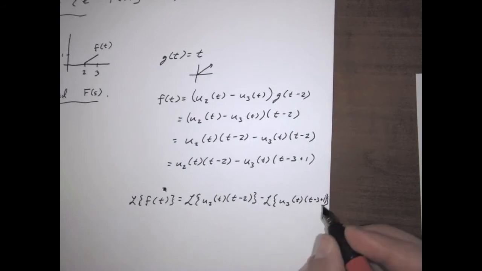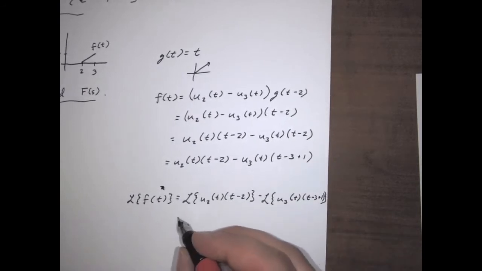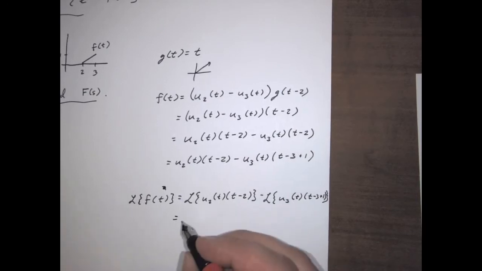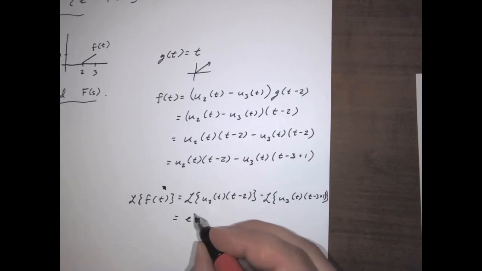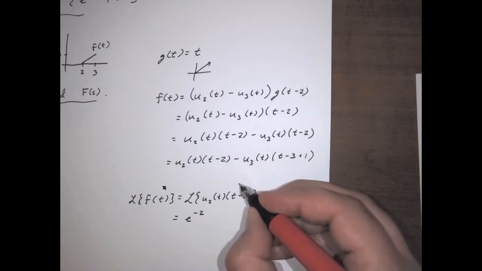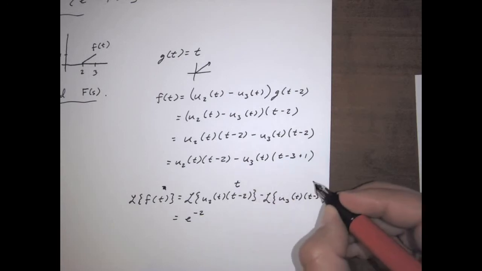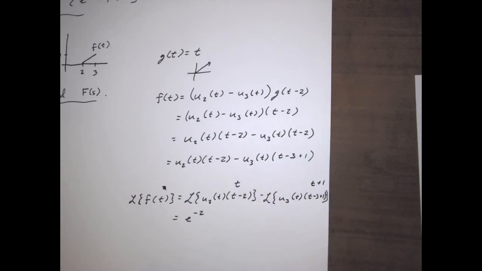You should never see a naked t, you should only see a t minus 3 if it's times u3. And so then this is going to equal e to the minus 2s. So then here we should think of this as t, and here we should think of this as t plus 1, each shifted.